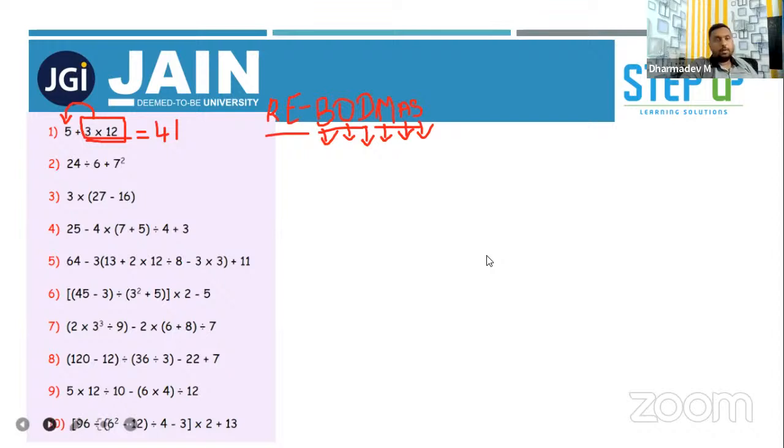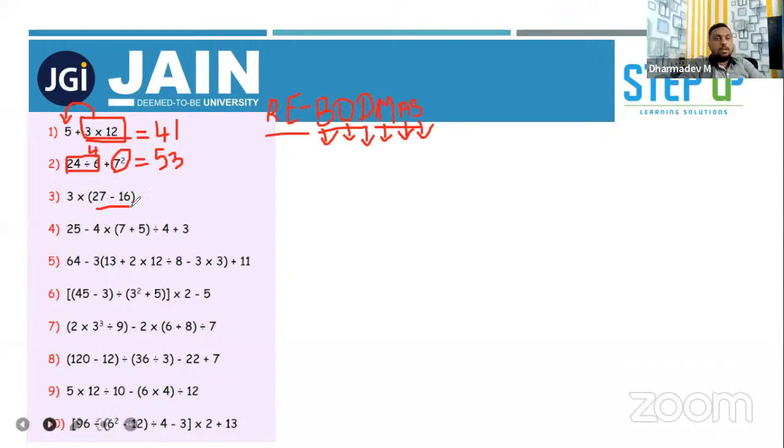Laban? Okay. Second question. 7 square is 49. 24 divided by 6 is 4. 4 plus 49. How much? 4 plus 49. 50, 51, 52, 53.